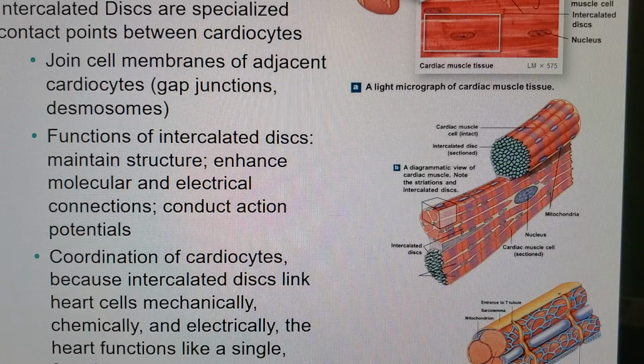They help with the physical structure and also electrical conduction, electrical connections between those cells. The intercalated discs link the heart cells mechanically so that the heart does beat similarly to just a large single fused mass of cells. And this can be attributed to the intercalated discs.